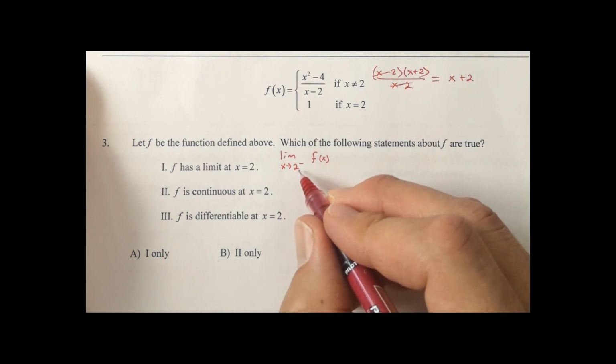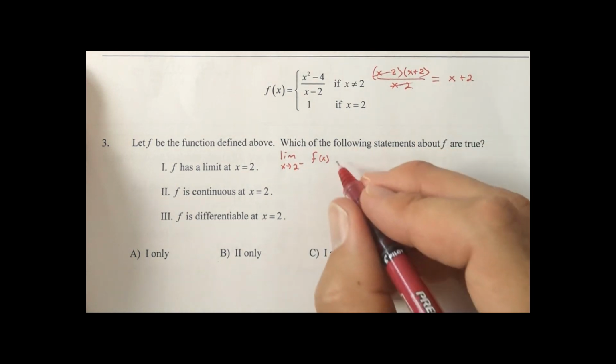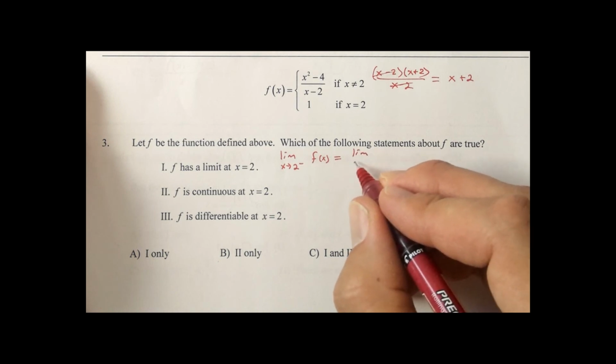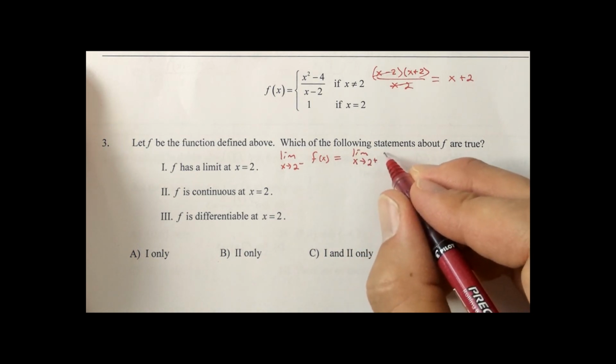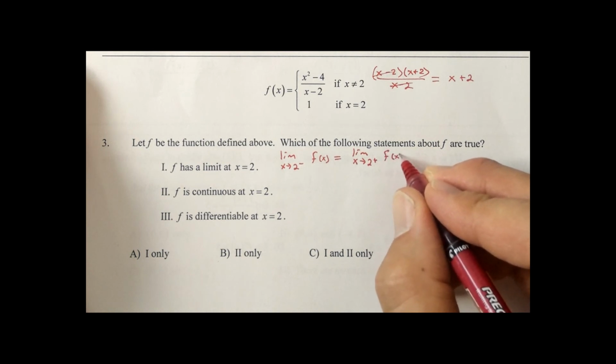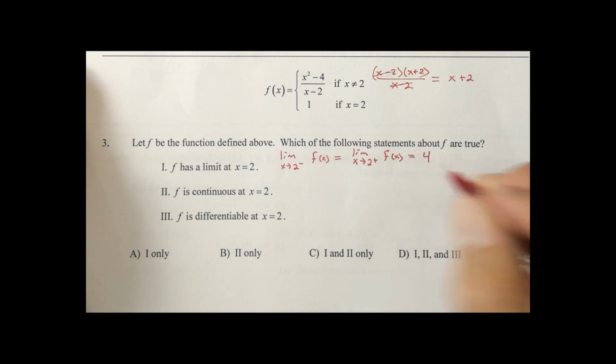So the limit, when we plug in 1.9999 now, turns out to be 4. And when we plug in 2.0001, in other words, values approaching from the right, we're also going to plug in basically 2, and 2 plus 2 is 4. So in both cases, the limit as x approaches 2 from the left and the right is equal to 4.